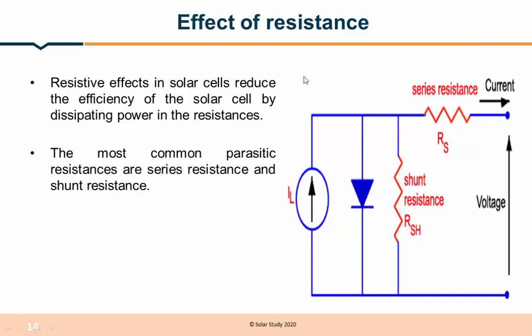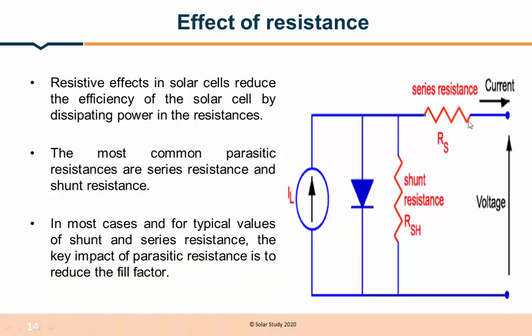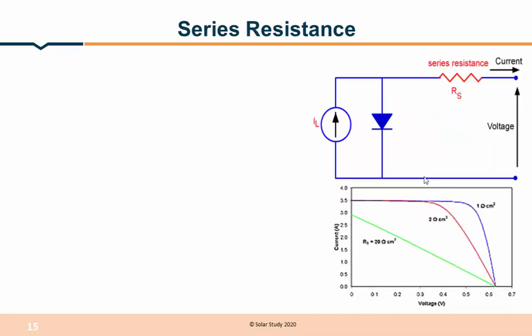The most common parasitic resistances are the series resistance and the parallel resistance. In this diagram, you can see the series resistance and parallel resistance, and we will see what the effects of these resistances are on the solar cell.